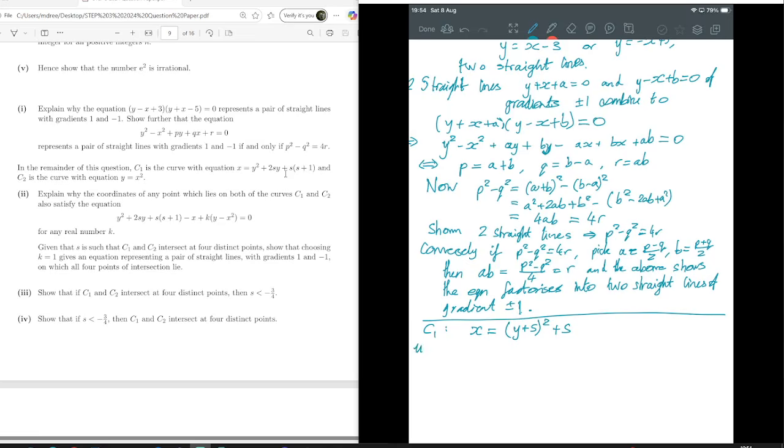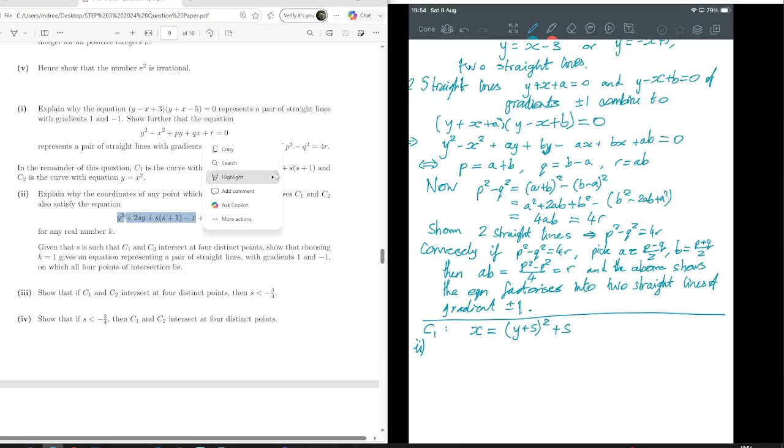So part 2 of the question now. Part 2, explain why the coordinates of any point which lies on both of those curves also satisfy that equation. Okay, well, what is that equation? That looks a little awkward, but really, if we look closely, this part is simply this rearranged to equal 0 plus some multiple of this thing equaling 0.